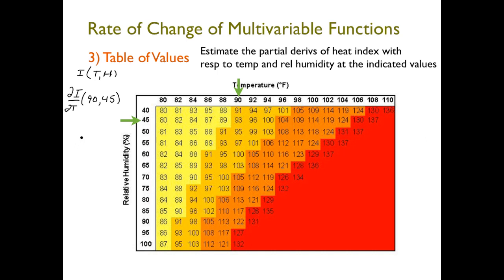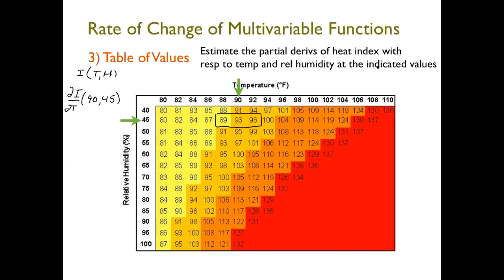So we're going to approach it the same way. If we're doing the partial derivative of I with respect to T, then what do we do first? Hold H constant. So we're going to look along here. And we have to kind of estimate what this multiplier is, that you would multiply your change in temperature by to get the corresponding change in heat index, right?